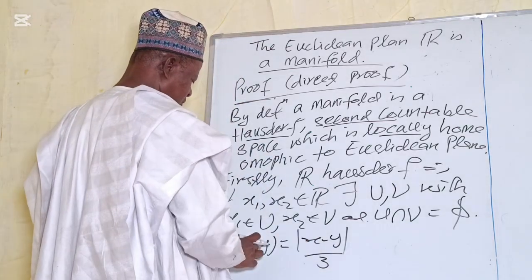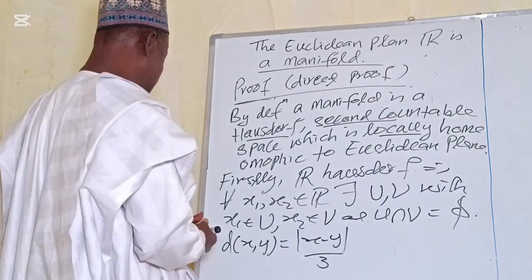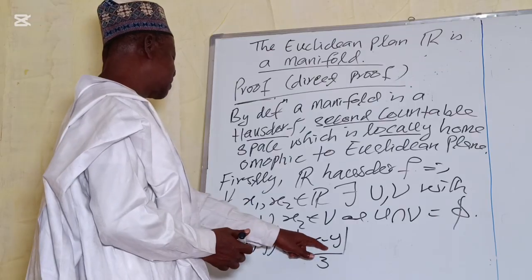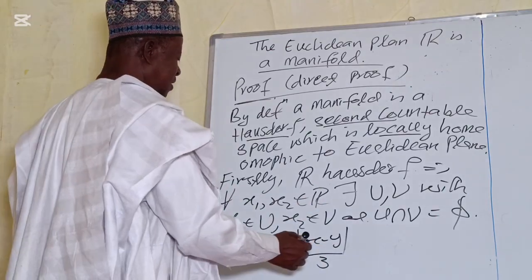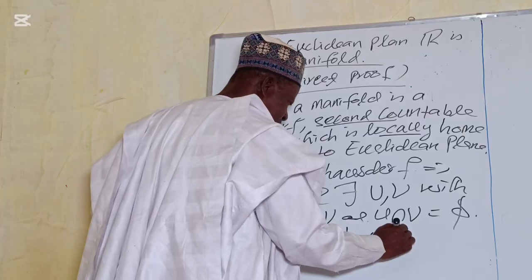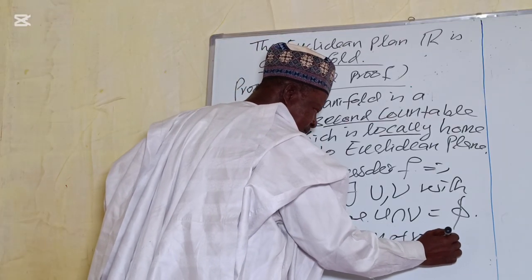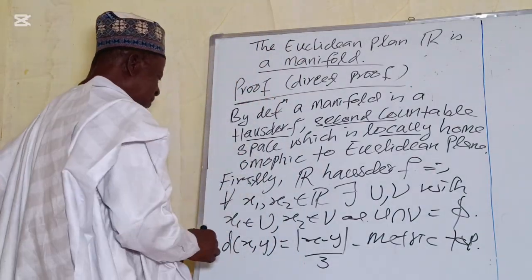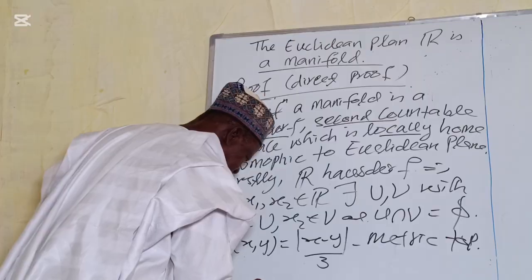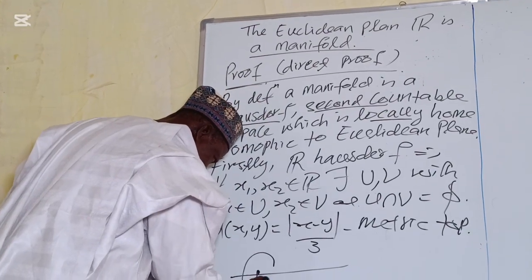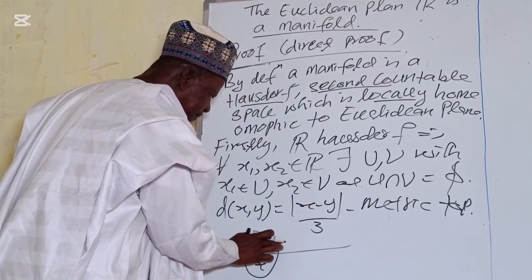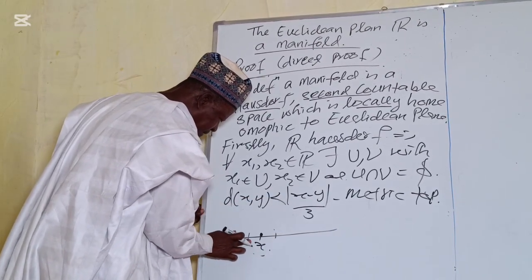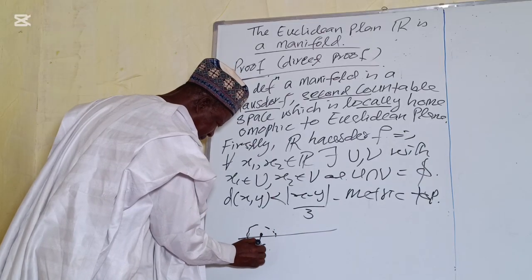So if you have two distinct points x and y, the distance function gives the distance between them, and this is a metric, or distance topology. And of course, if you do that, you will find that x1 and x2 lie on a line. For example, if you have x1 here, you can have a ball around it, with distance strictly less than some radius, so that I have an open ball, because I'm interested in open balls.